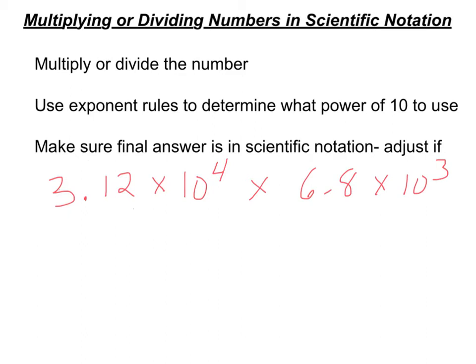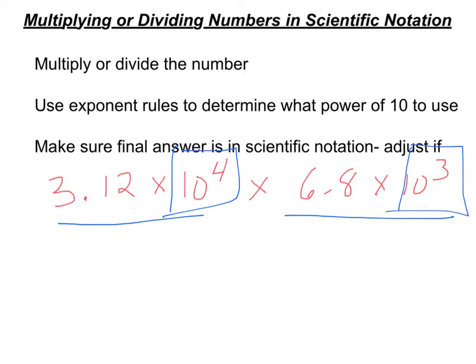So in this case, we have 3.12 times 10 to the 4th times 6.8 times 10 to the 3rd. I'm going to go ahead and use 10 to the 4th and 10 to the 3rd and use exponent rules, and I know that that should be 10 to the 7th. We may need to adjust that as we go, and I would use a calculator as we go ahead and go 3.12 times 6.8.